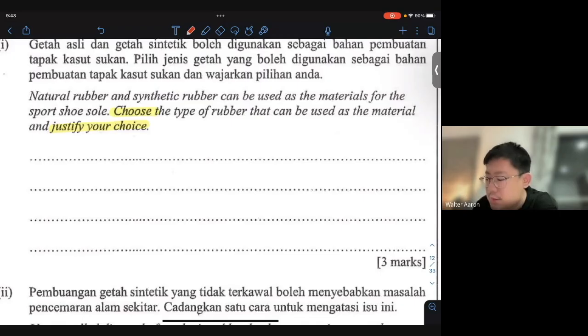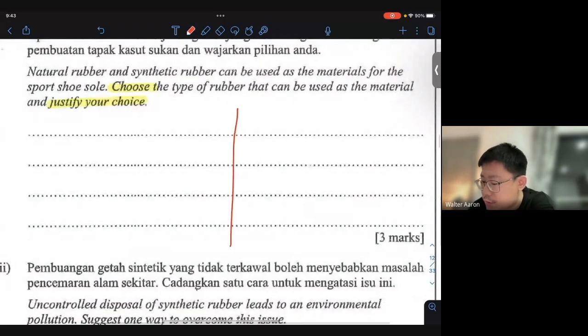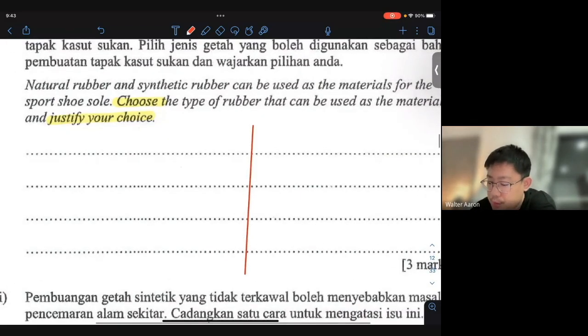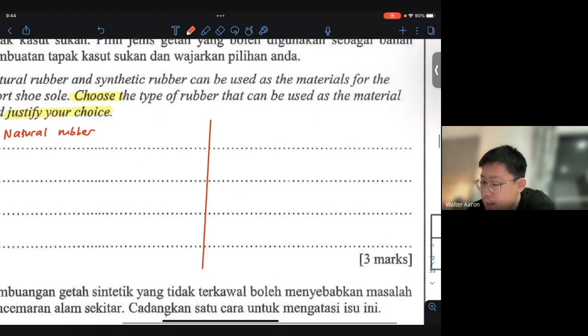All right, now let's just split it into 2 sections. Let's say if you choose to pick natural rubber, then you state why. If you choose synthetic rubber, also state why.